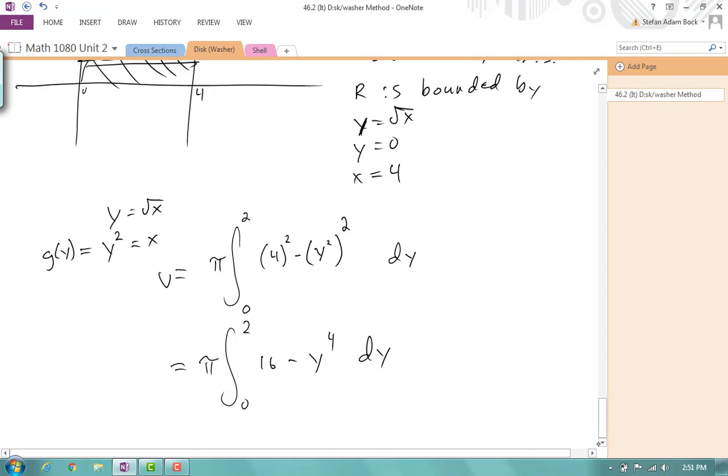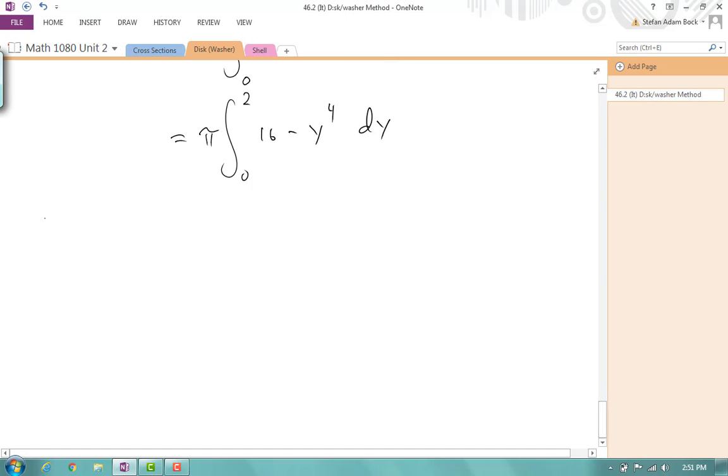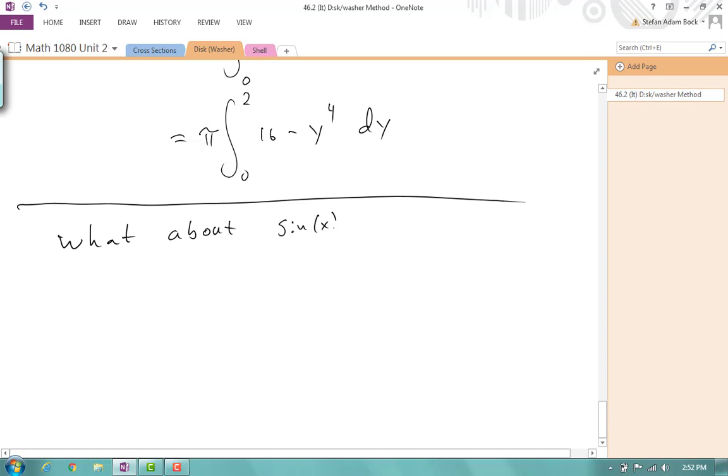But there are some functions which are potentially impossible to solve for y, and others which are just simply inconvenient. For example, what about the first example actually? Sine of x.